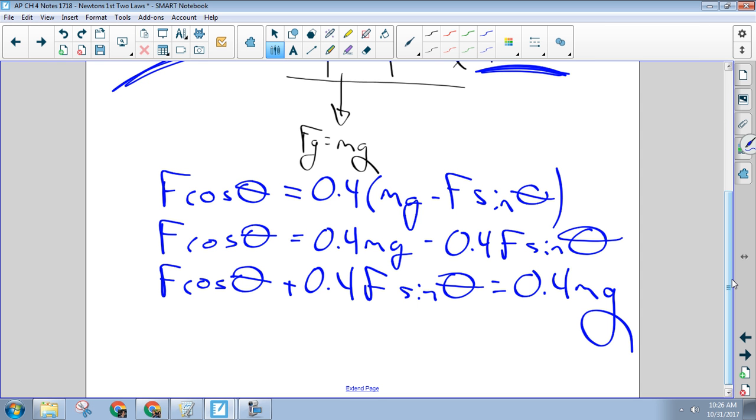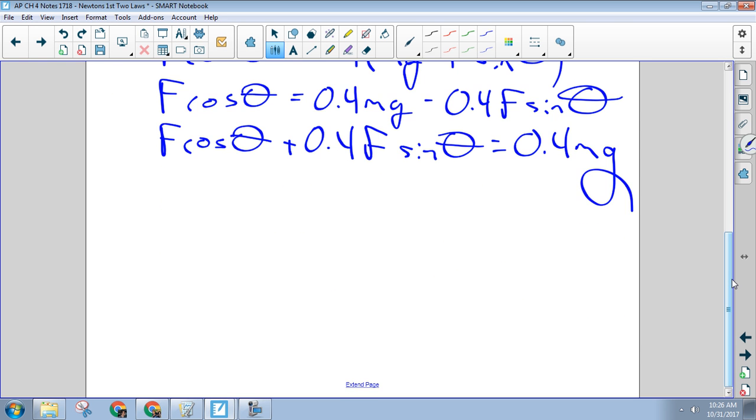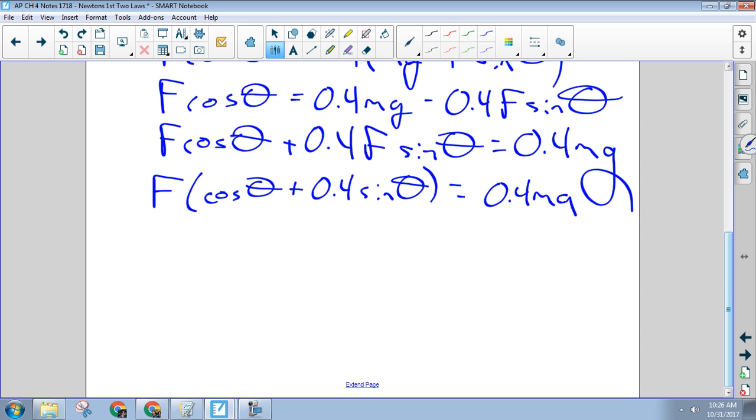Good? What can I do on the left side of that equation? Factor out F. Does everybody see that? The F is in both terms there? Too fast? Are we okay? Good.